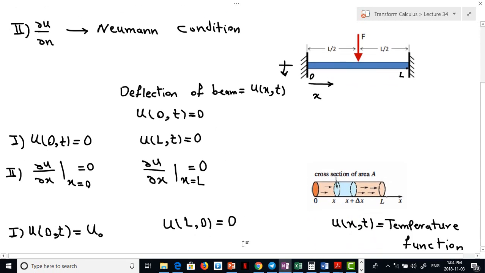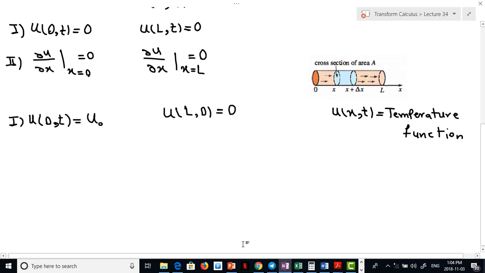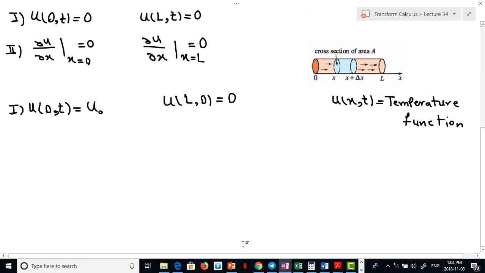If you want to find Neumann conditions for the rod and for the heat equation, we have the second type of boundary condition. For example, we can say that the derivative of u with respect to x at x equal to 0 is equal to 0, or the derivative of u with respect to x at x equal to L is equal to 0.